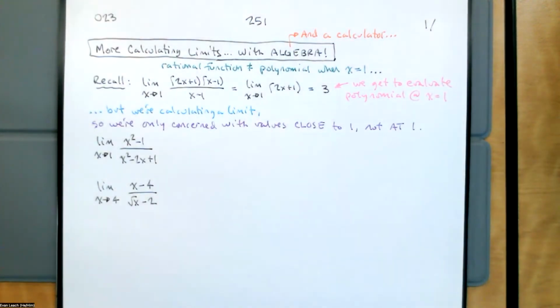We get to evaluate the polynomial at x equals 1, because as we observed before, if a function is continuous, then the limit is equal to the value of the function. And the polynomial 2x plus 1 is continuous everywhere.